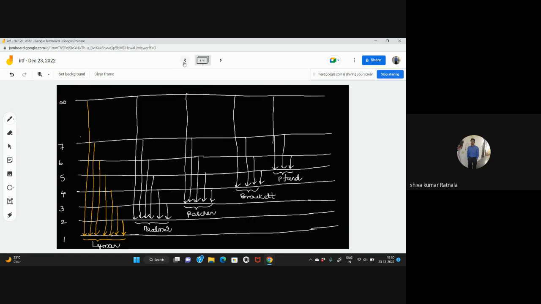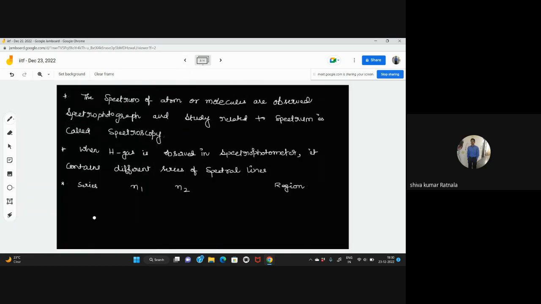Okay, now coming to Lyman series, the ground level will always be 1, and the higher level will be 2, 3, 4 up to infinite we can have. And this we are going to observe in the ultraviolet region.